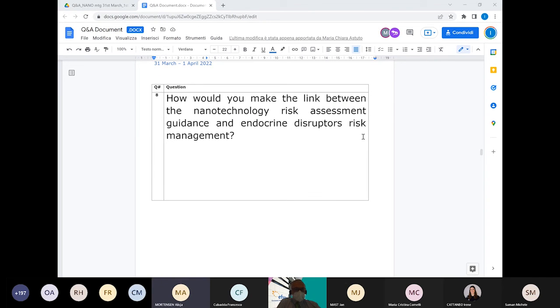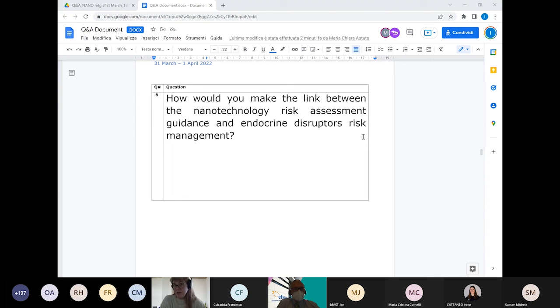So, risk assessment of nanomaterials, if they have endocrine disrupting effect, we are talking theoretically now, or all nanomaterials, does not differ from the risk assessment of conventional materials, because we have 4 steps in the risk assessment.